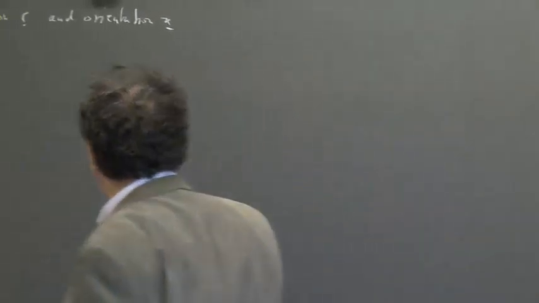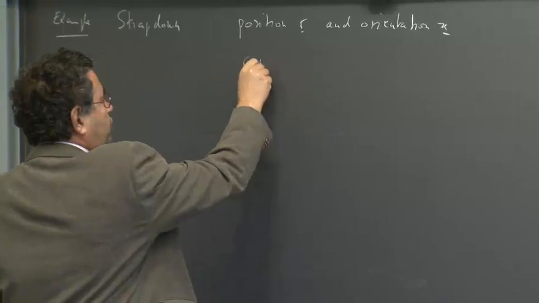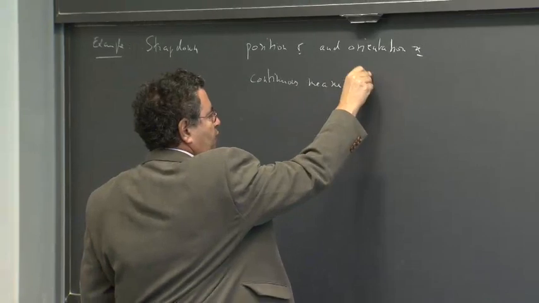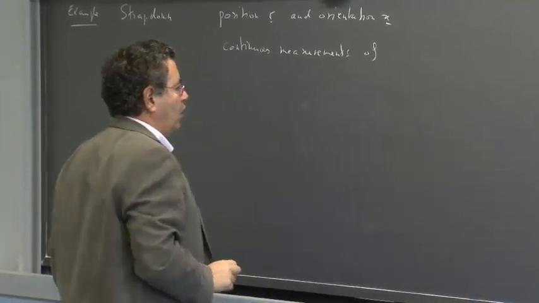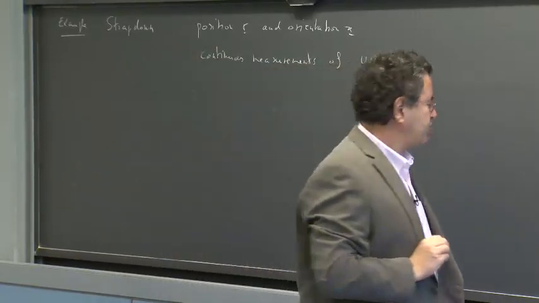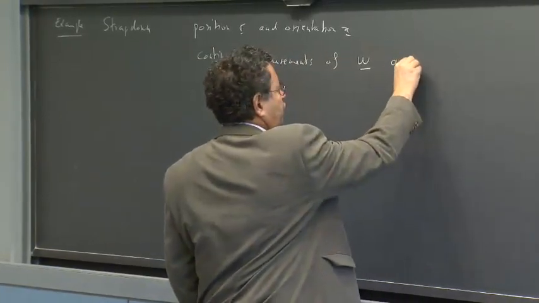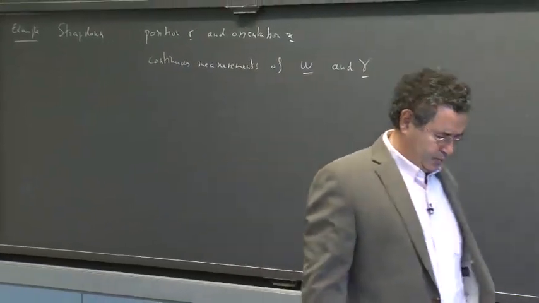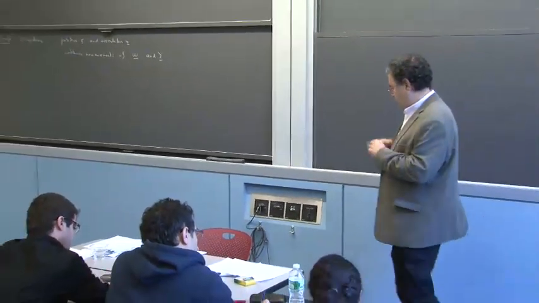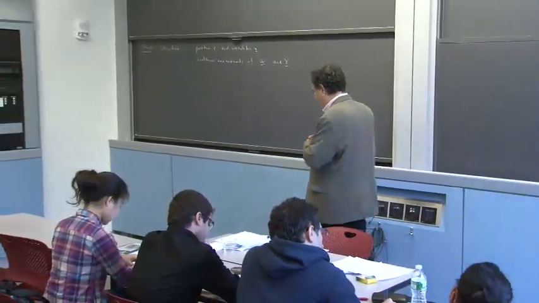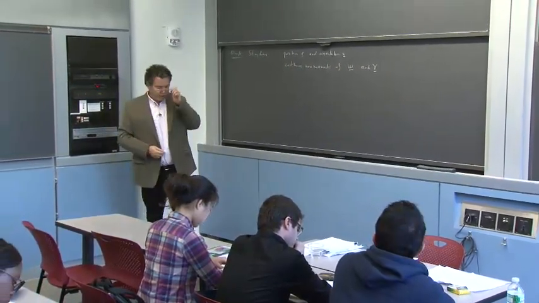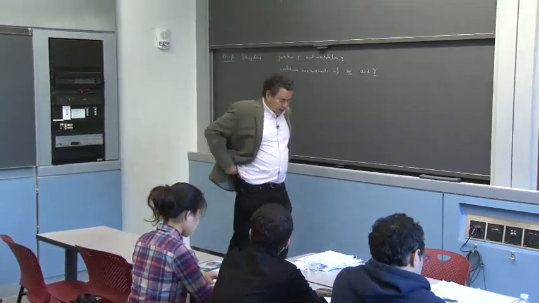And you have continuous measurements of angular rate omega and inertial acceleration gamma. And these measurements are done on the rigid body, hence this term strap-down, which comes from aircraft design.